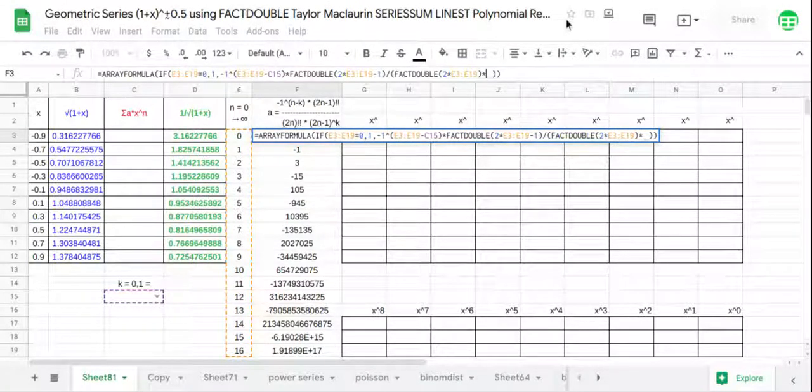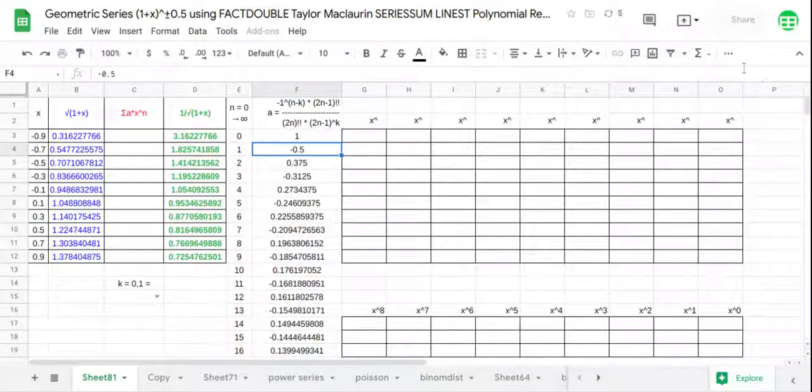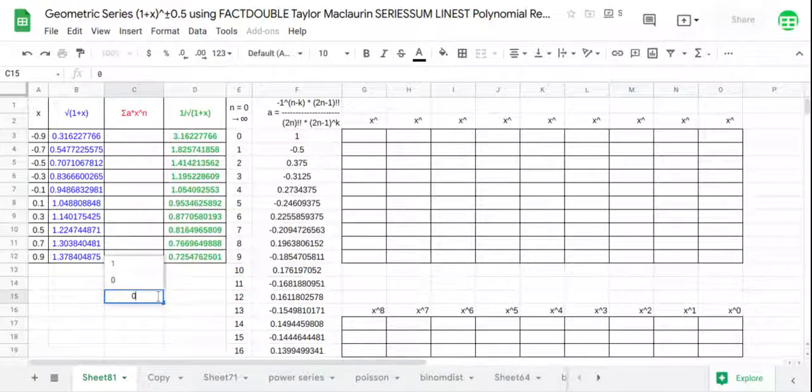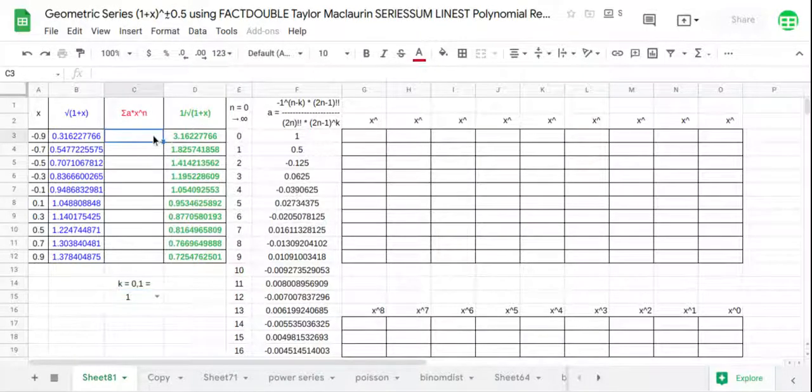So the quantity 2 times n minus 1 raised to the power k. Then enter. So if k equals 0 and k equals 1, now we can continue with the Taylor-Maclaurin series sum.